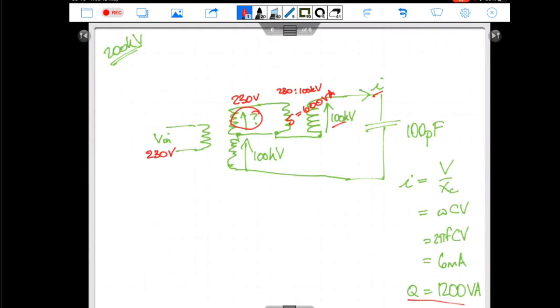So the rating of the top part of the first transformer is also 600 VA. The rating of the bottom part is 600 VA. So the rating of your incoming supply is 1,200 VA.